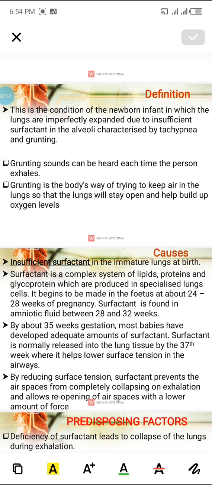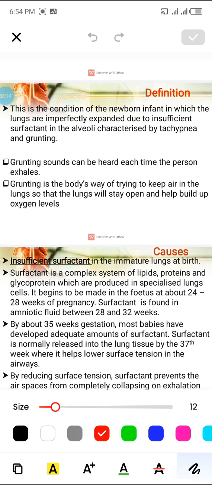When we go to the definition, we're going to say that this condition, like I said, affects infants, so it affects the newborn, in which the lungs are imperfectly expanding. Meaning that the lungs are not expanding correctly. So it's about lung expansion.